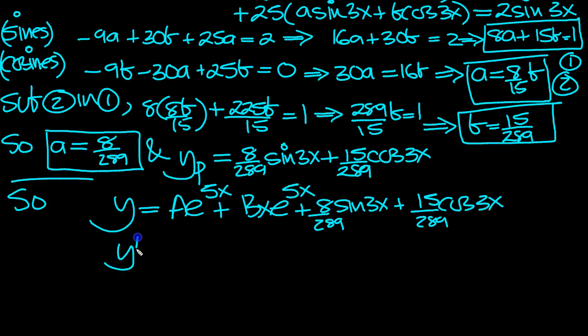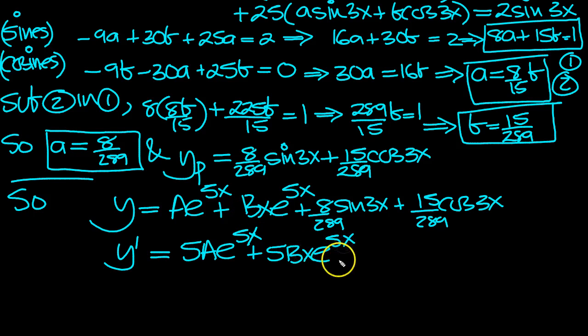Okay, while we're at it, we might as well differentiate. 5 comes down, 5A e to the 5x. This is a function of a function, so it's u, which is Bx, times the v dx, so the 5 will come down, so it'll be 5Bx e to the 5x, that's u dv dx, plus v, e to the 5x times du, which is just B. Plus the sine goes to cosine and the 3 comes down, so you get 24 over 289 cosine 3x.